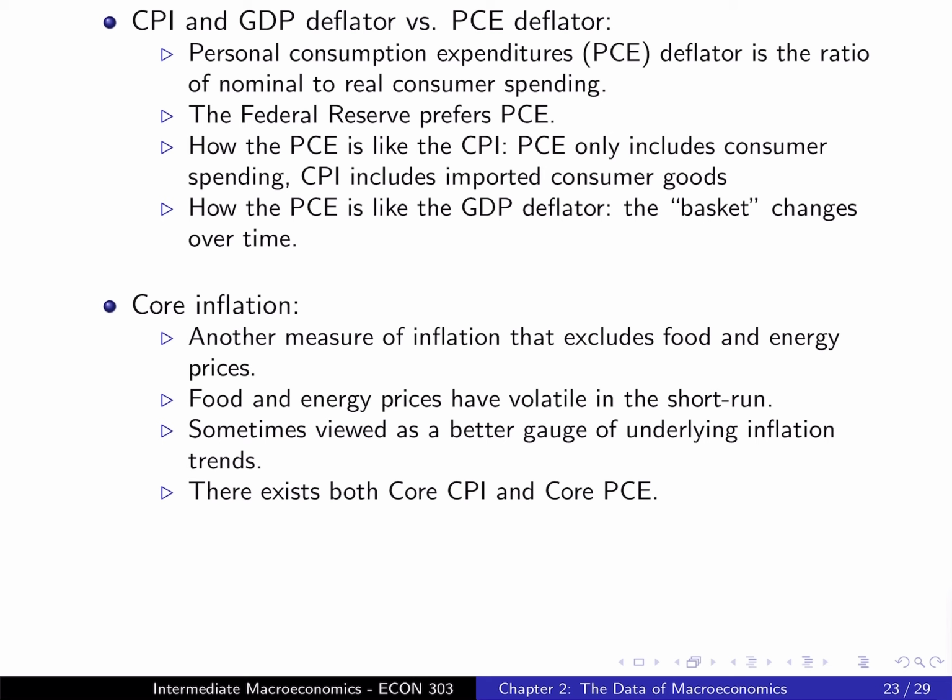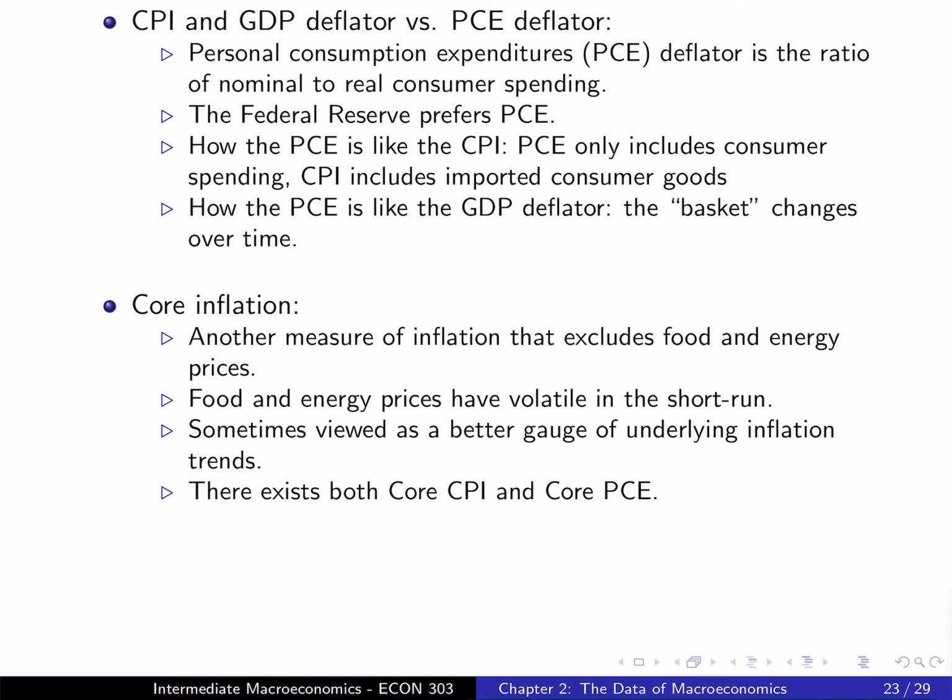How the PCE is like the CPI: PCE only includes consumer spending. CPI includes imported consumer goods. How the PCE is like the GDP deflator: both use a changing basket of goods and services rather than a fixed one.